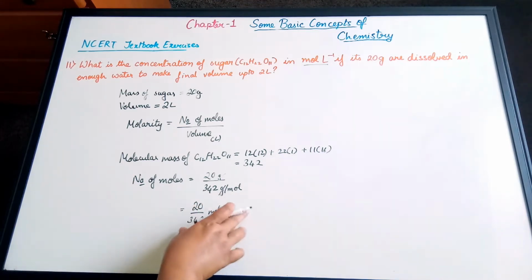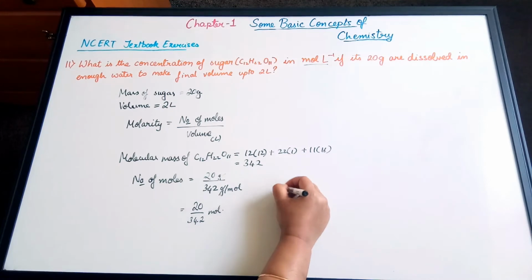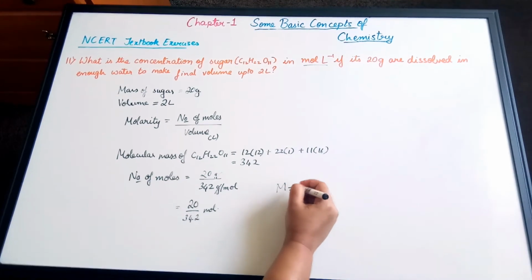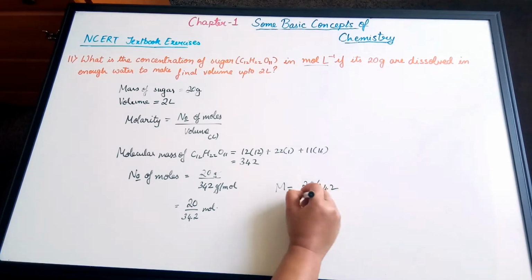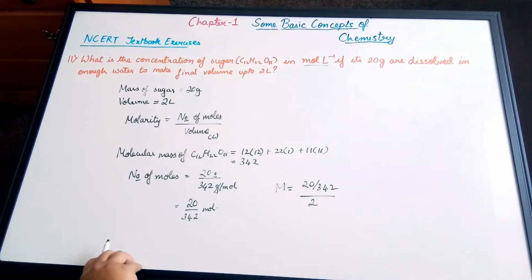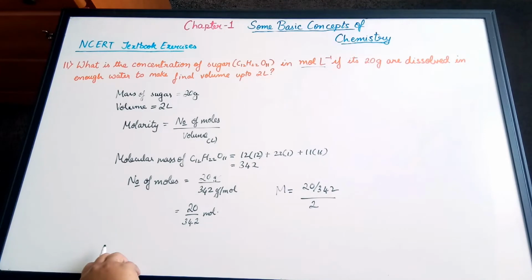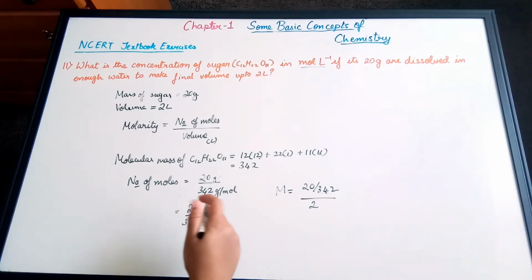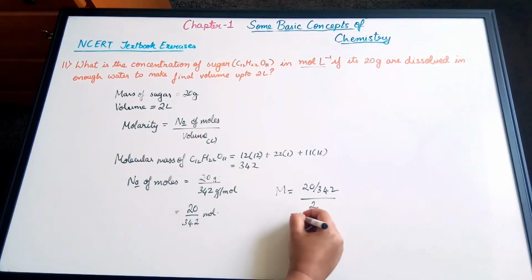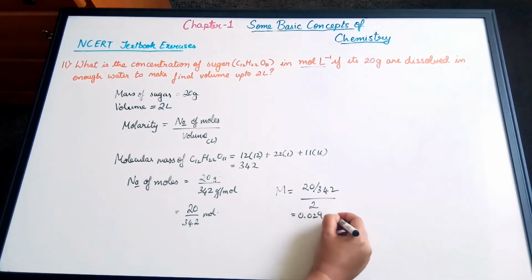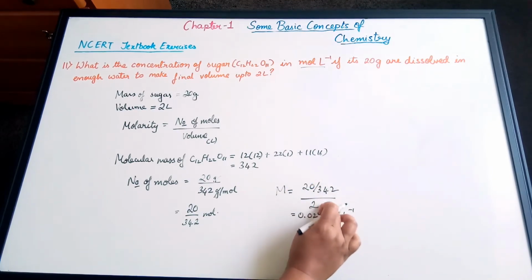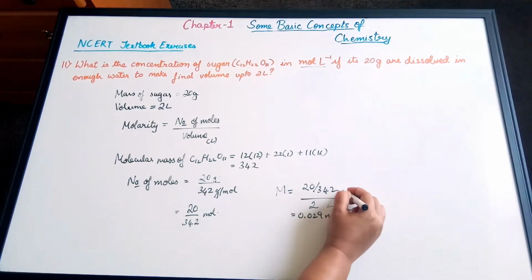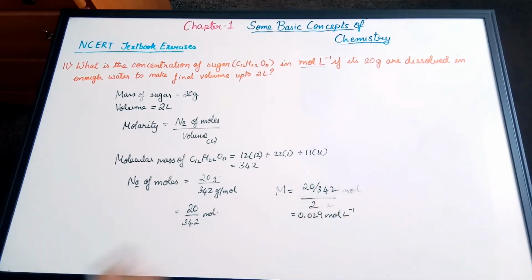Now we need to calculate the molarity. So molarity will be equal to 20 divided by 342 whole divided by 2, because you have 2 liters. And when this is simplified, we get the answer as 0.029 moles per liter, because this is in moles, this is 2 liters, so moles per liter.